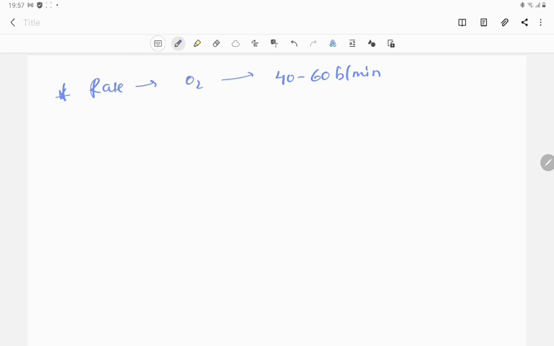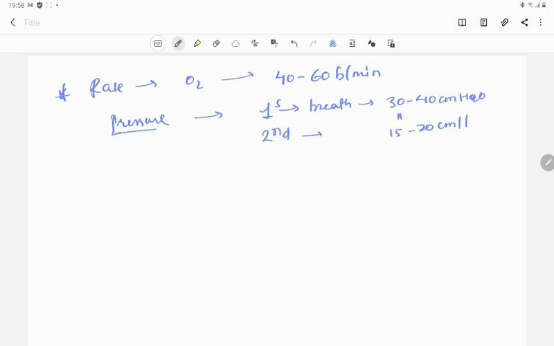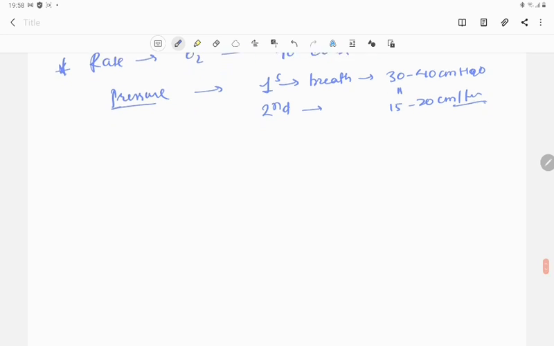The pressure required to deliver a breath to the neonate, if we are giving the first breath, is 30 to 40 centimeters of water, right? And for the subsequent or second breath, it reduces to half, 15 to 20 centimeters of water.